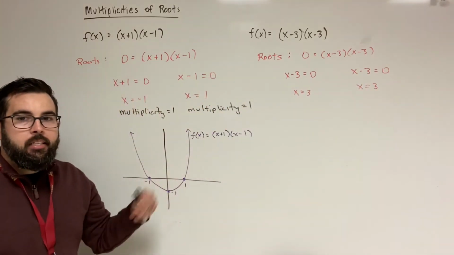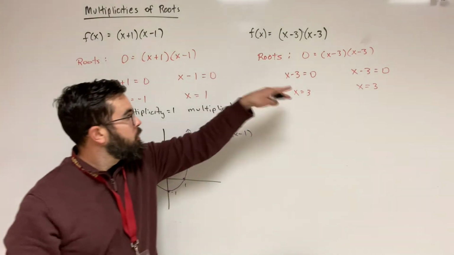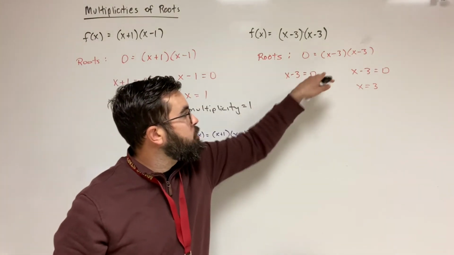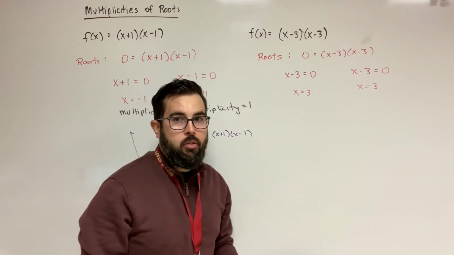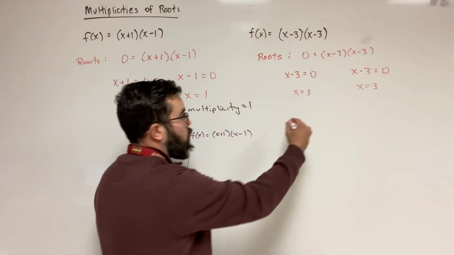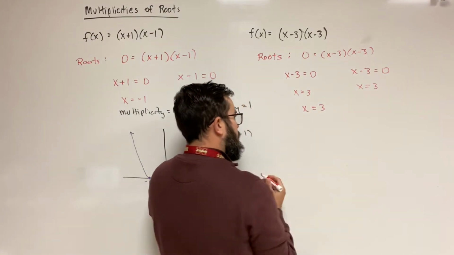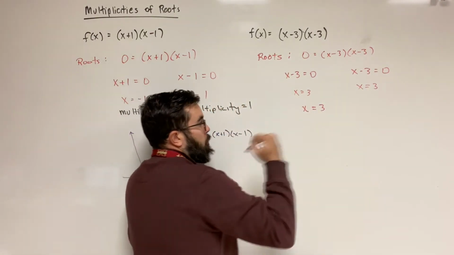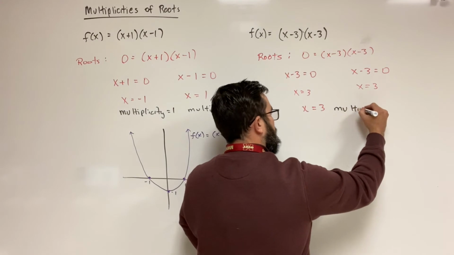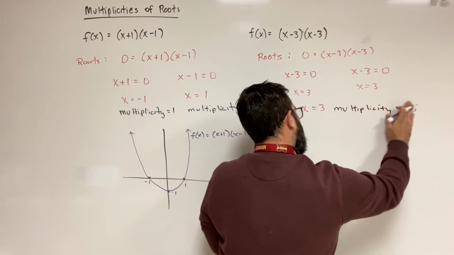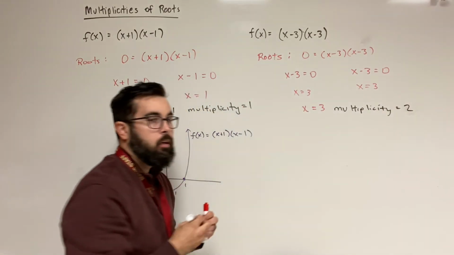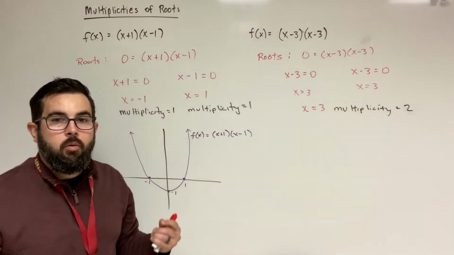All right, we get x equals 3 for both answers to each of those equations. So does that mean that there's two different answers? No, there's one answer. But there's one answer, but it has a multiplicity equal to 2.